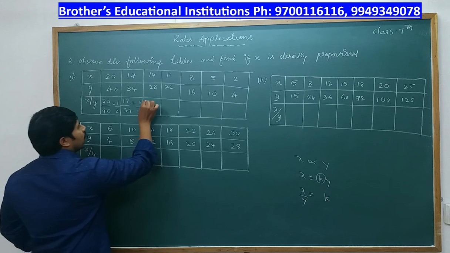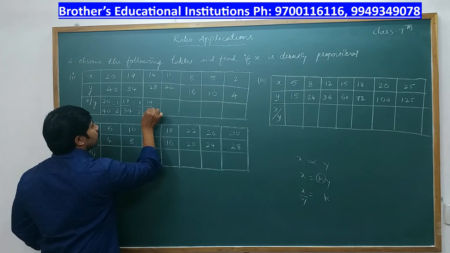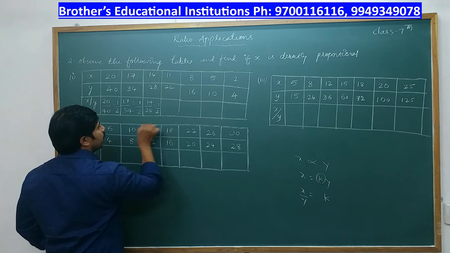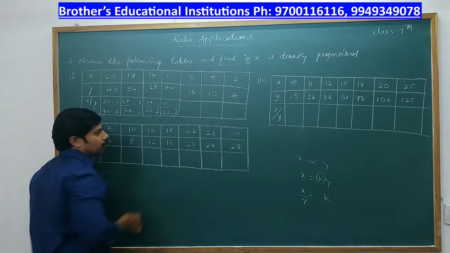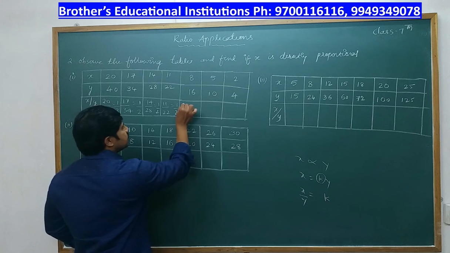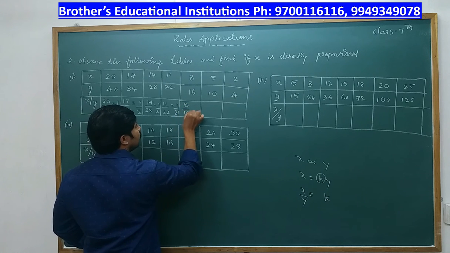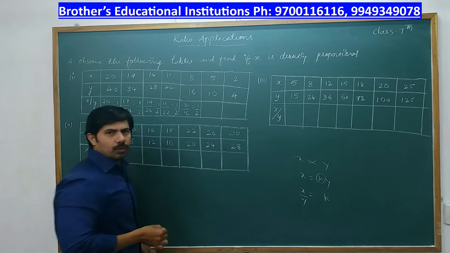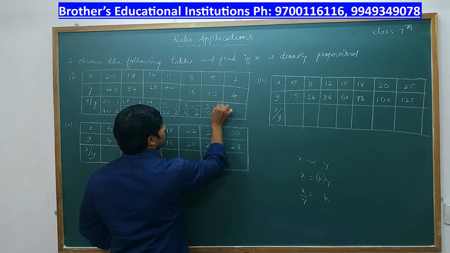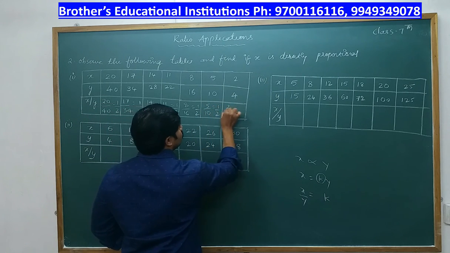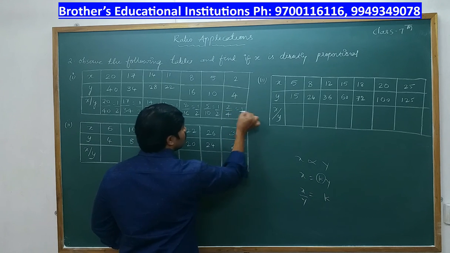Like that, 14 by 28, we'll get 1 by 2. 11 by 22 is also 1 by 2, right? 8 by 16 is also 1 by 2. 5 by 10, 1 by 2. 2 by 4 is also 1 by 2.